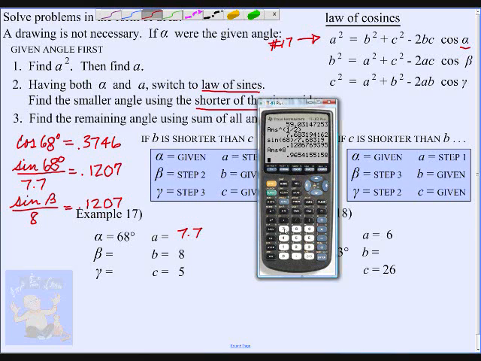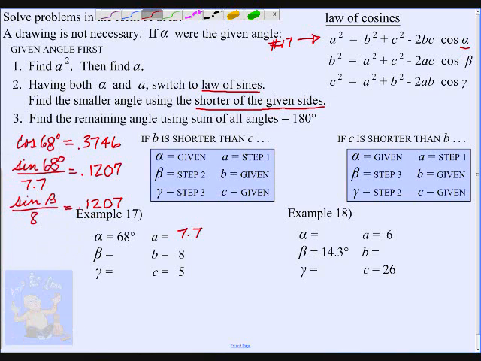Of course, what I really want to know is what beta is. So I'm going to take arc sine of this ratio 0.9654. And that will give me the angle, 74.9. So my angle is 74.9 degrees.